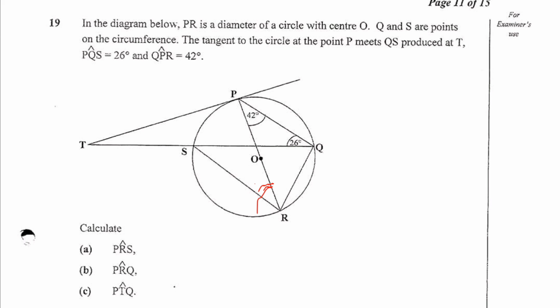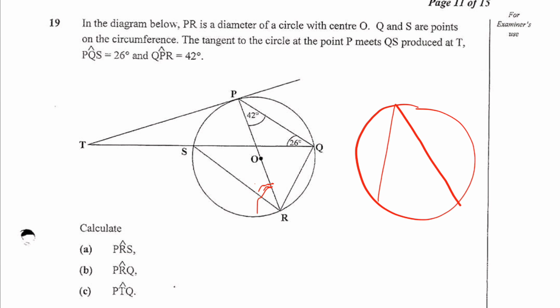If you have a circle here, let me just draw a simple circle, and this is the segment. You have this angle, and in the same segment there is another angle like this. So this angle is equal to this angle.